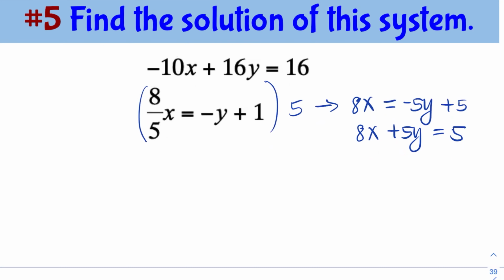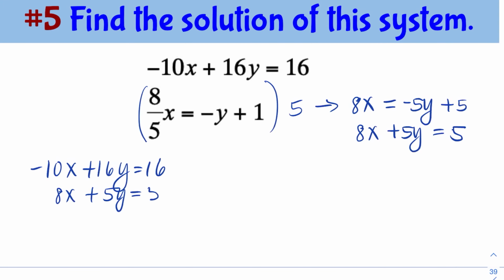So now, the system of equations is negative 10x plus 16y is equal to 16. That's the first. And the second is 8x plus 5y is equal to 5. And in this system, we cannot add or subtract right away. The x coefficients are different. The y coefficients are also different. So this means that we need to multiply the equations to make the coefficients the same.